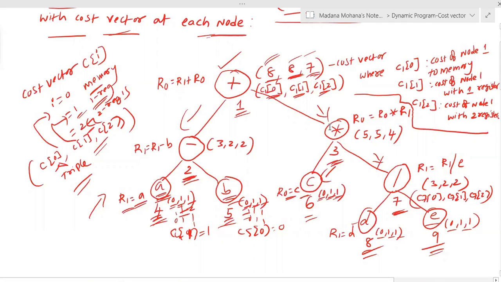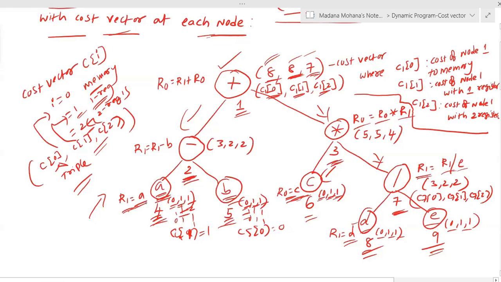Finally, in the tree, for every node we used the instruction sequence. First let us see here R0 register at node 6. So C is stored in R0, then D is stored in R1. Next you can see here R1 is computed with R1 by E, the divide operator. Then here R0 is computed by multiplying both R0 and R1, R0 into R1.